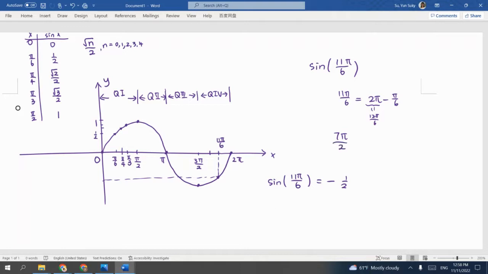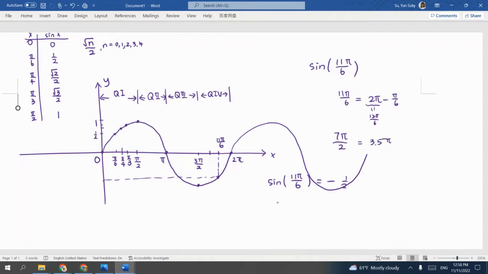Wow, then you imagine 7 pi over 2. This is outside of 2 pi, right? So you can keep going, extend it. 7 pi over 2 is what? 7 over 2. Is it 3.5 pi?